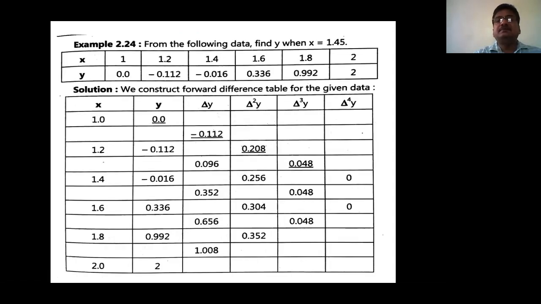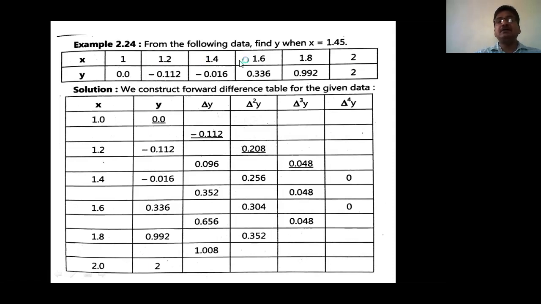So if the value to interpolate is at the beginning of the table, use Newton's forward difference interpolation formula. And if the value is at the end of the table, use Newton's backward interpolation formula. For both formulas, the values of x must be equidistant.